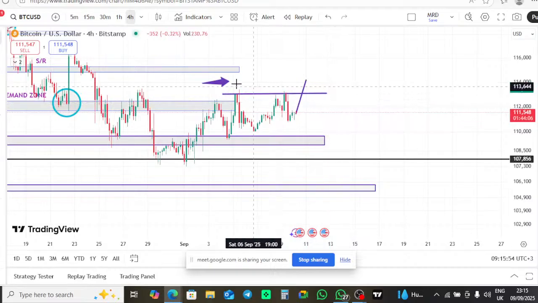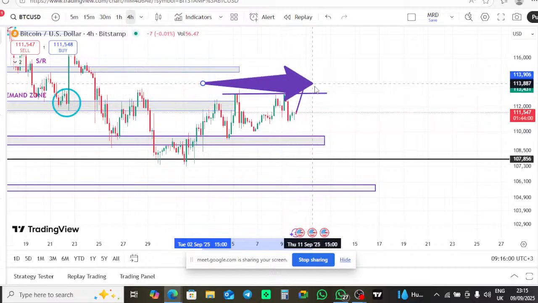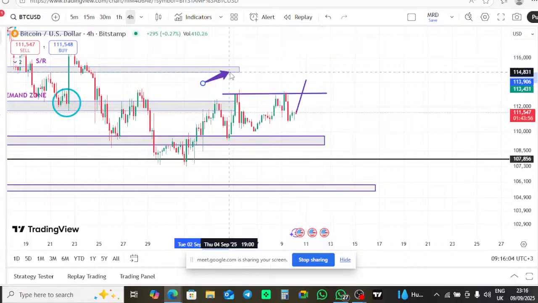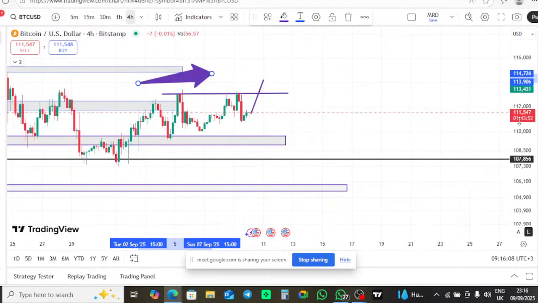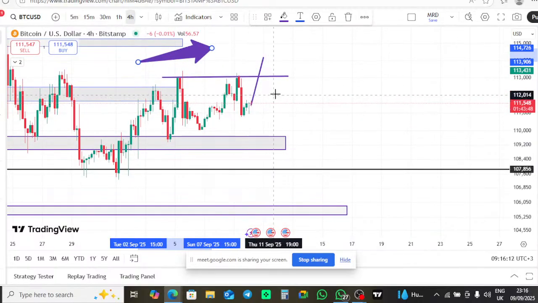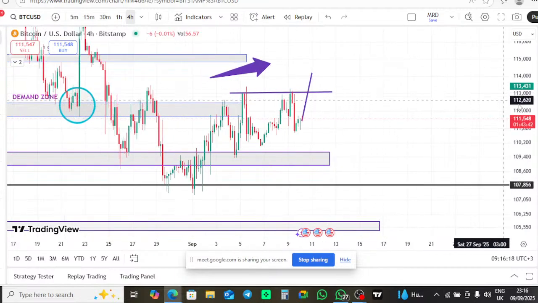After doing that, automatically we may come back and respect the area by retesting it, then we go to the next point. But currently this is what I expect, and at the same time we can see the rejection here where we believe that the market will react positively.